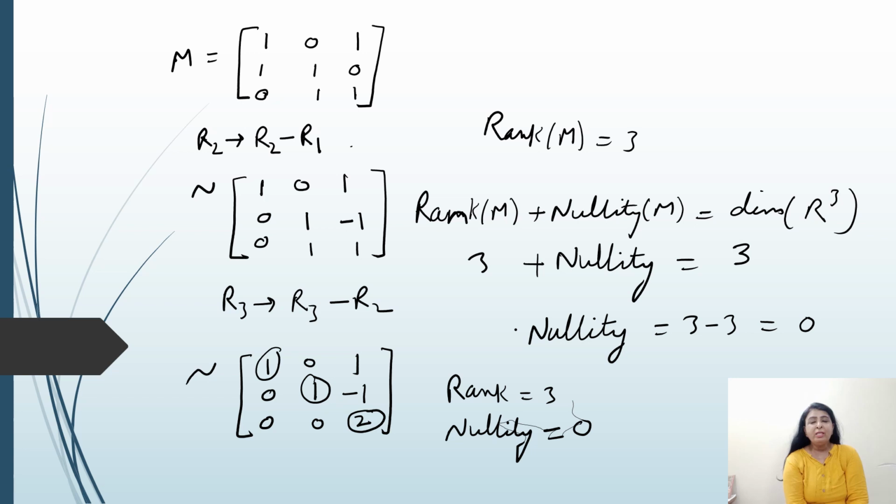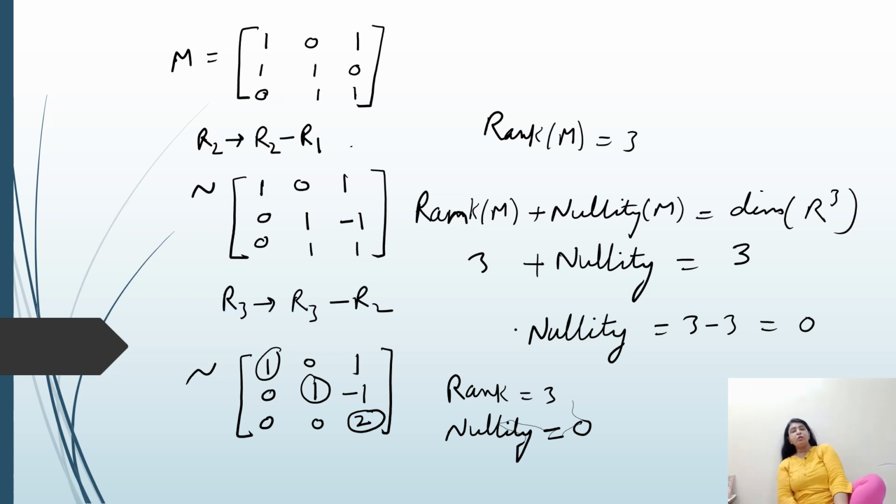First operation we apply is R2 minus R1, which gives you 0, 1, -1, and R3 as it is. Then we apply R3 minus R2, which gives you 0, 0, 2. Now this matrix is in echelon form, and 1, 1, 2 are the pivots. So rank of M is 3.